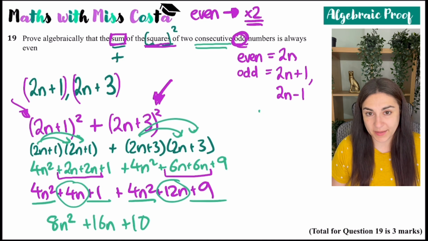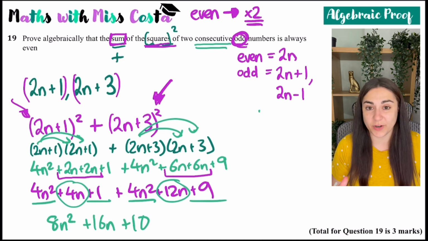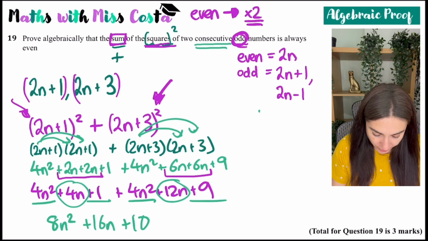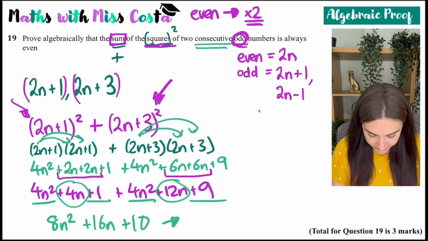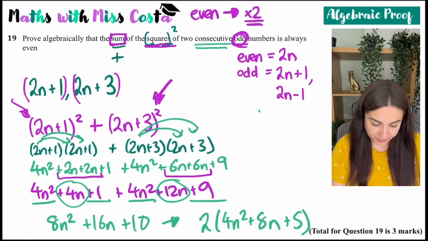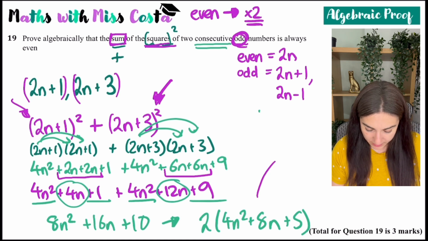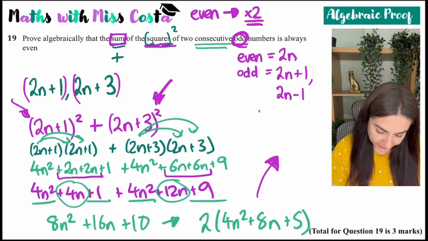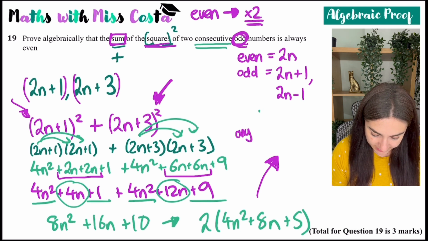Now, to prove that something is even, you just have to factorize it and show that it's a multiple of 2. So I'm going to factorize that and take 2 out of it. That could be expressed as 2 lots of 4n squared plus 8n plus 5. And then I just have to do a little sentence explaining what I mean.